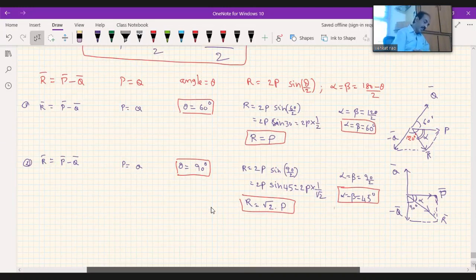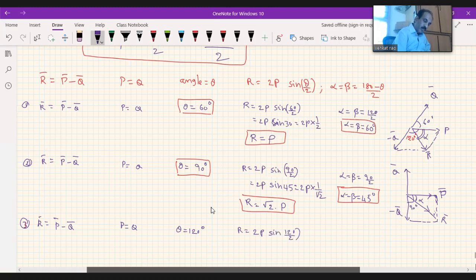Third case you can write. Now we will take theta 120. R equal to 2P sin 120 by 2, 2P sin 60, 2P into root 3 by 2.